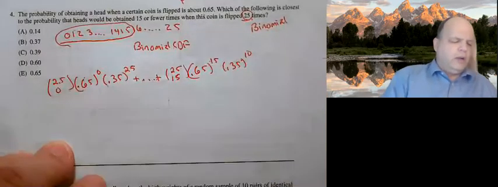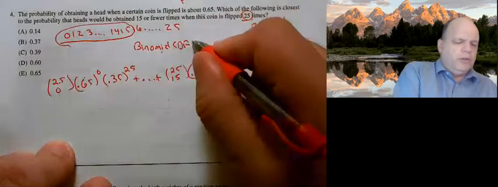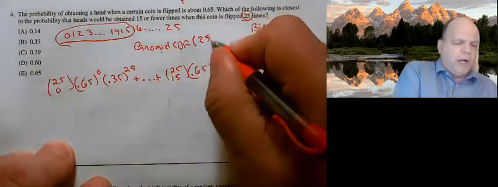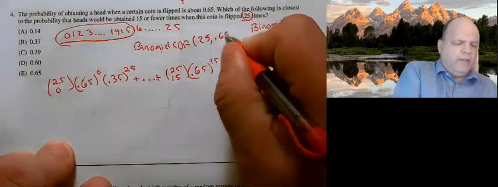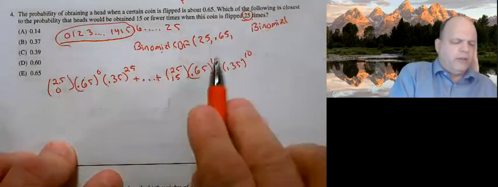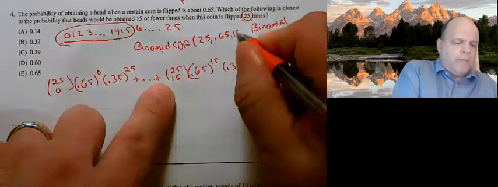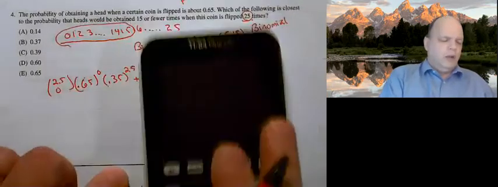Now on the calculator, it's going to be binomial CDF. My trials are going to be 25, my probability is 0.65, and the number of successes I'm interested in is 15. We want a max of 15. So let's do this.